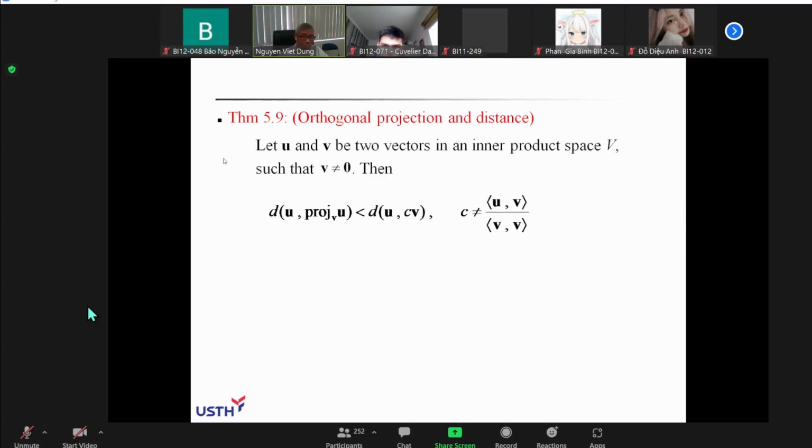Suppose that you are given two vectors U and V inside the inner product space, and suppose that V is non-zero.